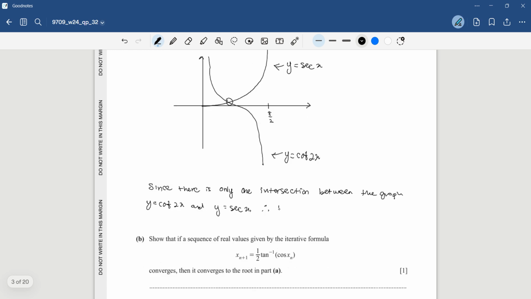Therefore, there is only one root between 0 and half pi. So you can add this in. Make sure you give some justification for why you say there is only one root. The justification here is because there is only one intersection point.